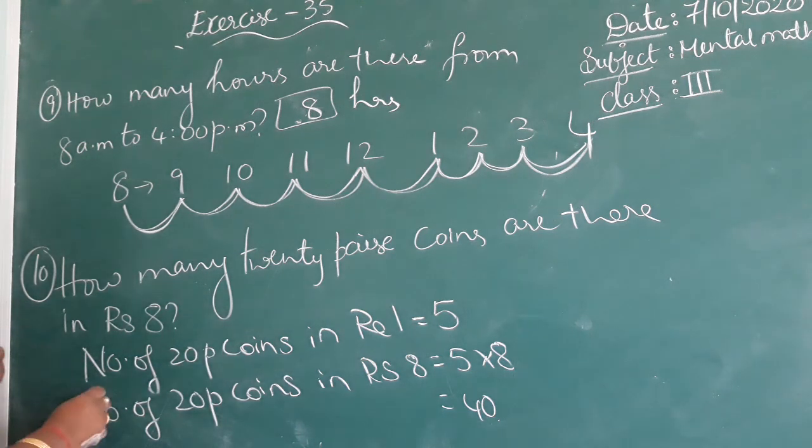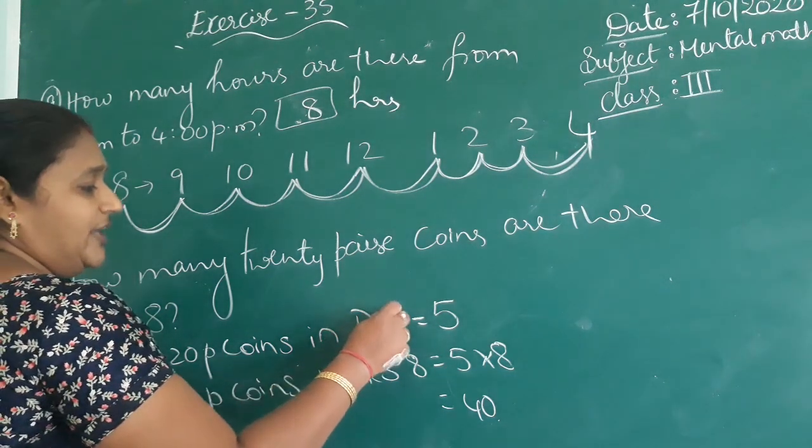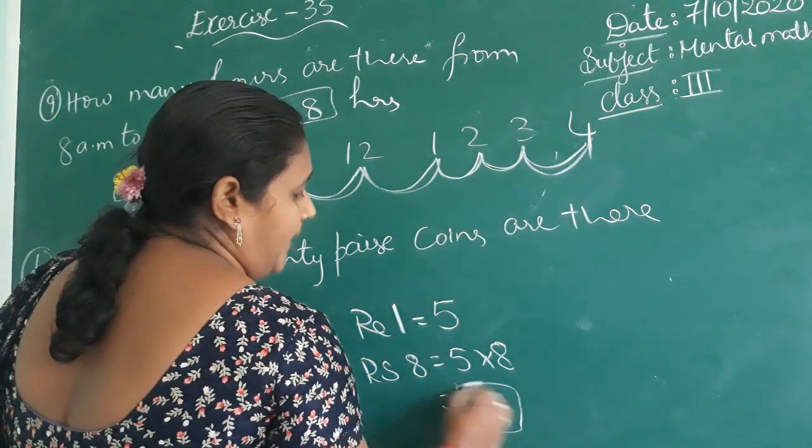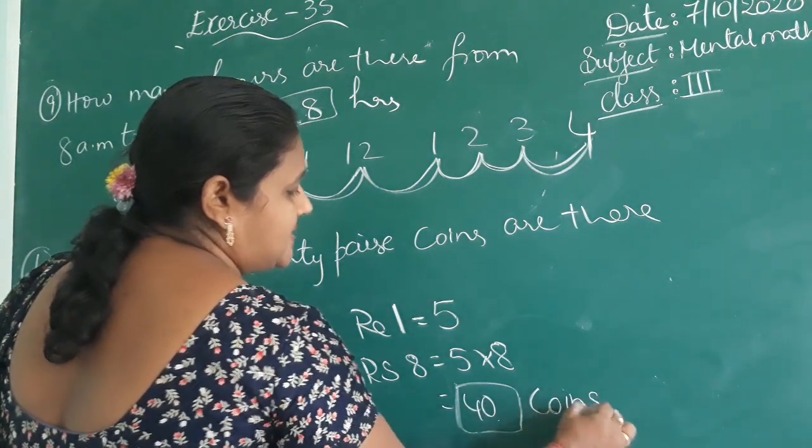See the first one: number of 20 paise coins in 1 rupee. 1 rupee contains 5 coins. Here they are asking us to find the number of 20 paise coins in 8 rupees. 1 rupee 5, 8 rupees means 5 into 8. What is 5 eights? 40. So how many coins will come? 40 coins they will get.